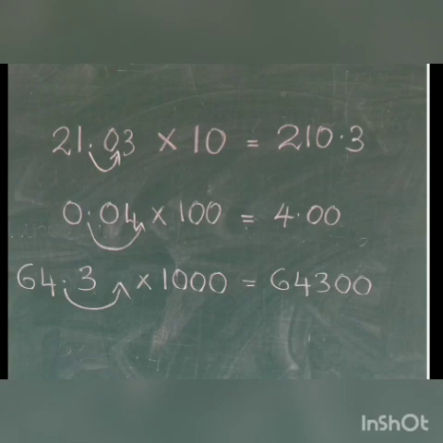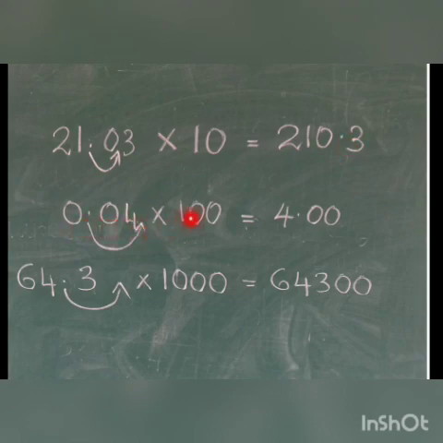That position depends upon the number you are multiplying. In 10 you have one 0, so the decimal point shifts one place to the right. Then what will we get as the answer? When this point comes here, it is 210.3.